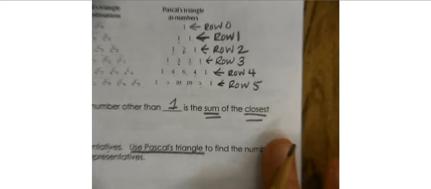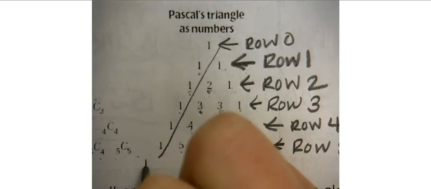All right, so let's look at what we know. In terms of row 5, diagonal number 3. Let's identify our diagonals. Looking at Pascal's triangle, your first row of 1s represents diagonal 0, because this comes from row 0, diagonal 0. This next diagonal represents diagonal number 1, corresponding with row 1, diagonal 1.